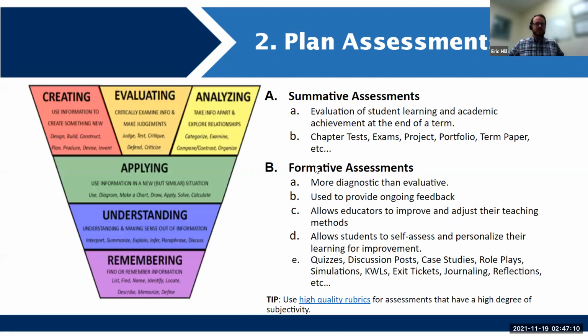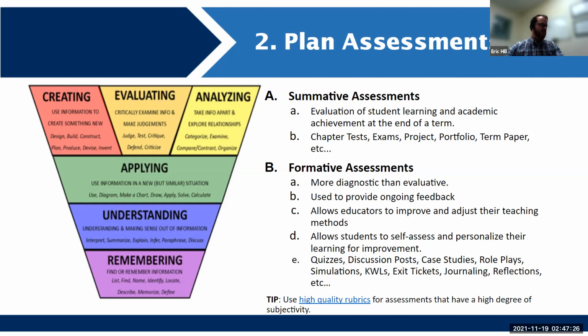So back to Bloom's, you'll notice that this particular pyramid is sort of inverted compared to the ladder. The ladder had more of a typical triangle shape where the base would be at the bottom, versus on this diagram, we see the base is sort of at the top.